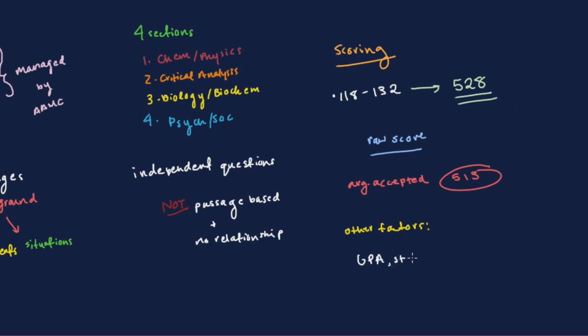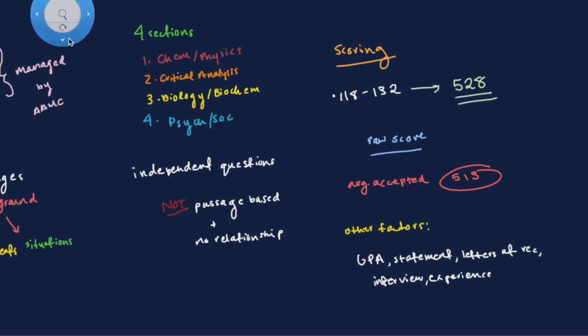This includes your GPA, your personal statement, the interview you give to the school, letters of recommendation, and overall experience. And the experience includes types of courses you took, volunteer work, and internships.